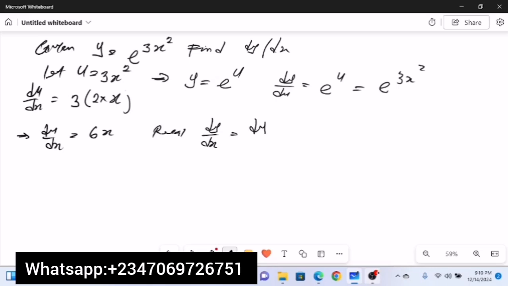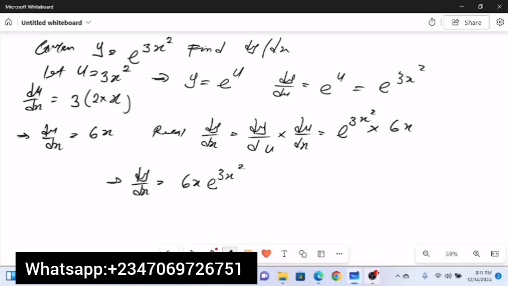So I have dy all over dx, that should be dy all over du times du all over dx, and this is equal to dy over du gives us exponential 3x squared multiplied by du over dx simply gives us what? 6x. So this simply implies that dy all over dx remains what? 6x exponential 3x squared.